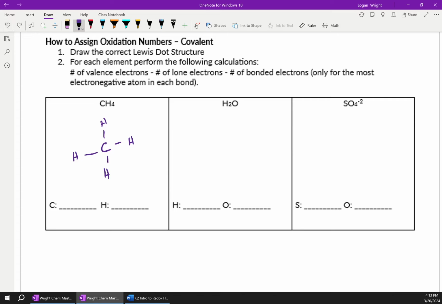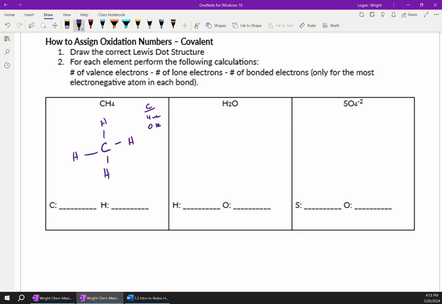For oxidation numbers, you actually need to assign the electrons to whoever is the most electronegative in each bond. So for carbon, I have 4 valence electrons. And now I need to subtract the number of lone electrons. It's touching 0 lone electrons. And now I need to subtract the number of bonded electrons if it's the most electronegative.